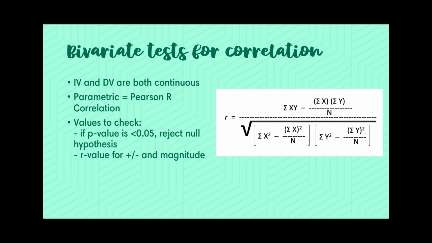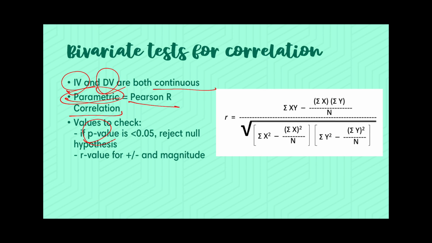So, in the hypothesis you're relating an IV and a DV, they're both continuous, and you pass the tests for parametric tests, then you use a Pearson R correlation. So what are the values to check? In the statistical tool, Jamovi, you look first at the p-value.